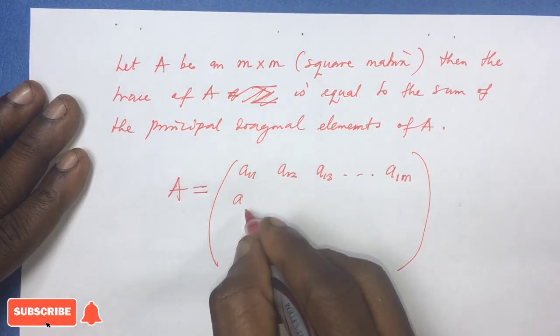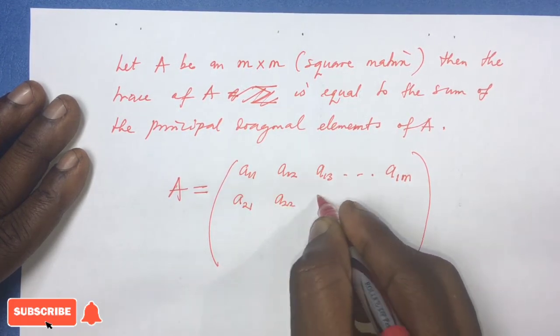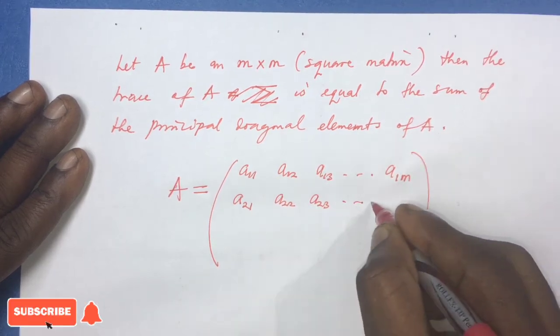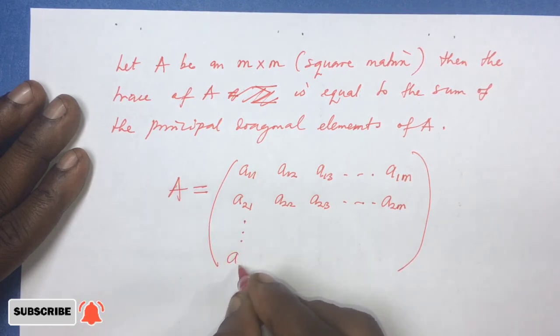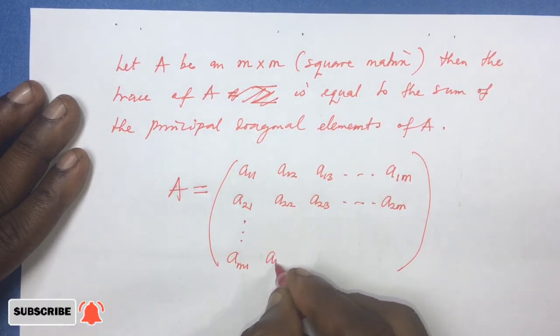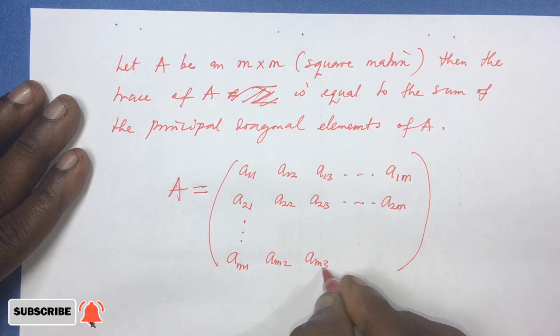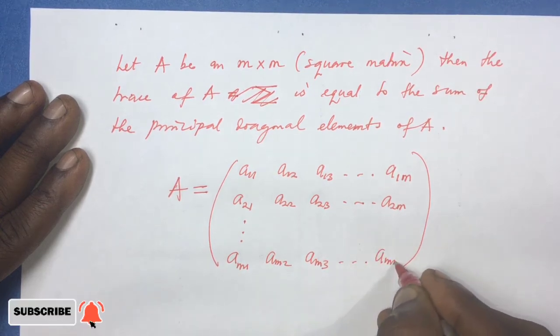Okay, then for the second row, A21, A22, A23 up to A2M. Then it goes down to AM1, AM2, AM3 up to AMM.